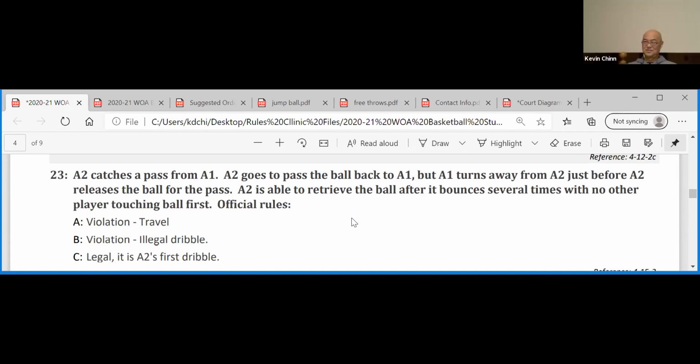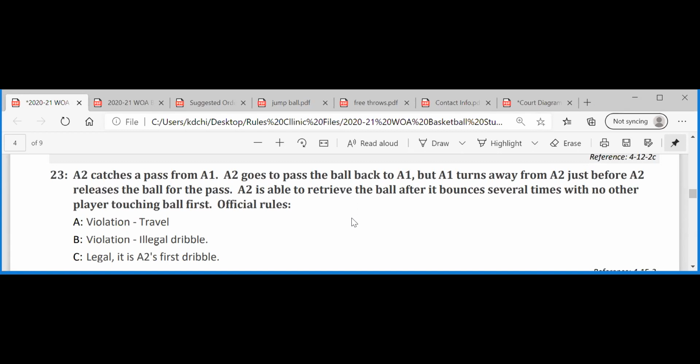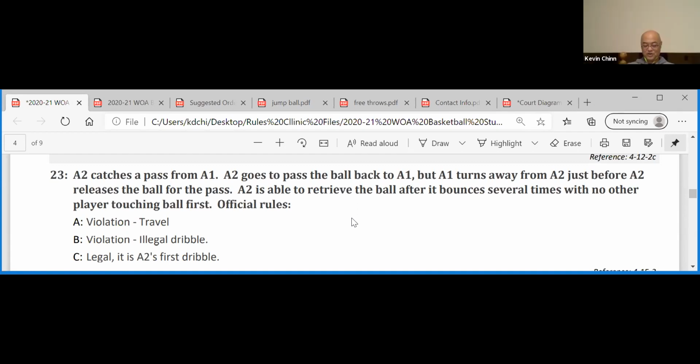Okay. That's new information for me. You don't see it happen very often. It's hard to visualize that one, though. It's just an attempt to make sure you understand the dribbling and double dribble rules. But you hardly ever see this in a game. Let's move on. 23 is C.